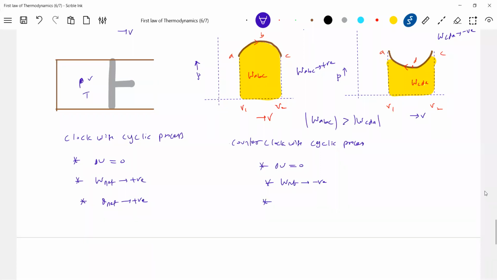Net work done is negative. Net heat is rejected by the gas.